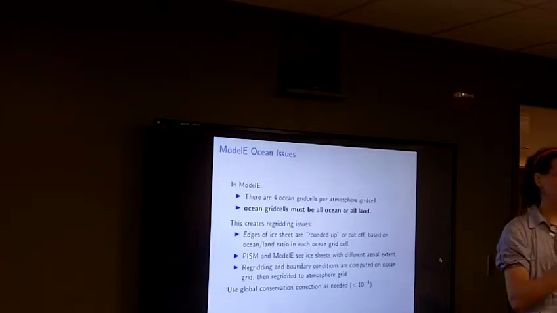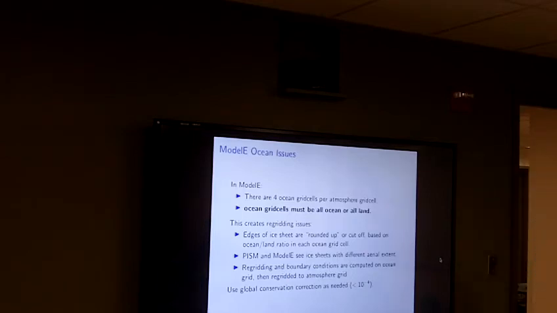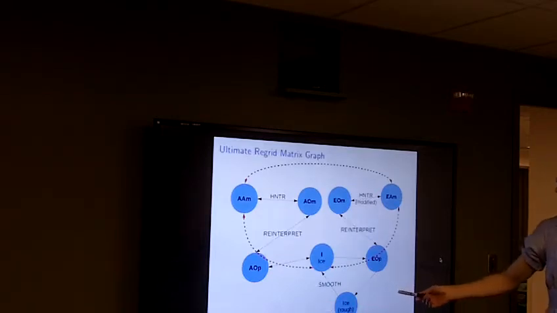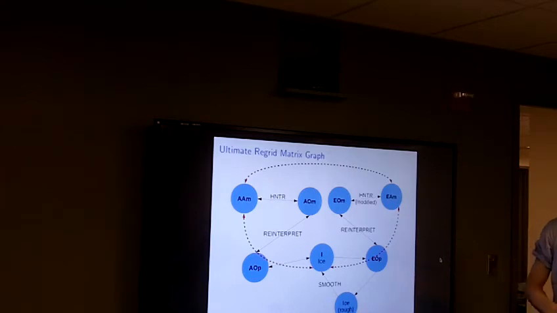But it's not exactly 1/4, it's approximately, because of the way the Model E grid cells work. Okay. So this doesn't have quite all the complexity. This has most of the complexity of how we create the regridding matrices.